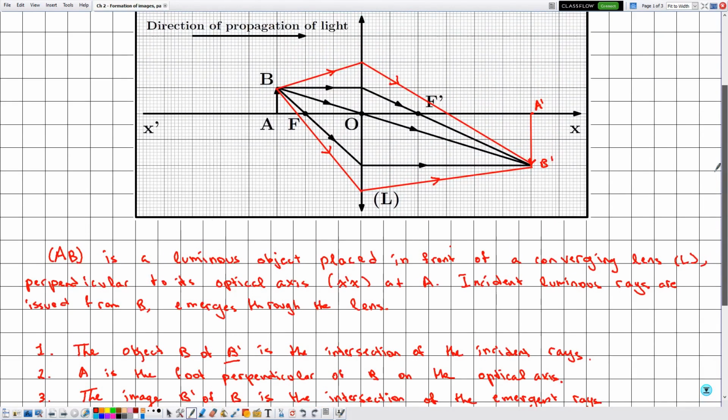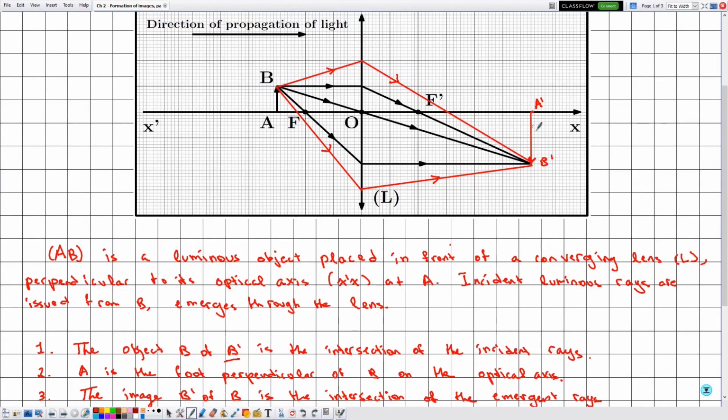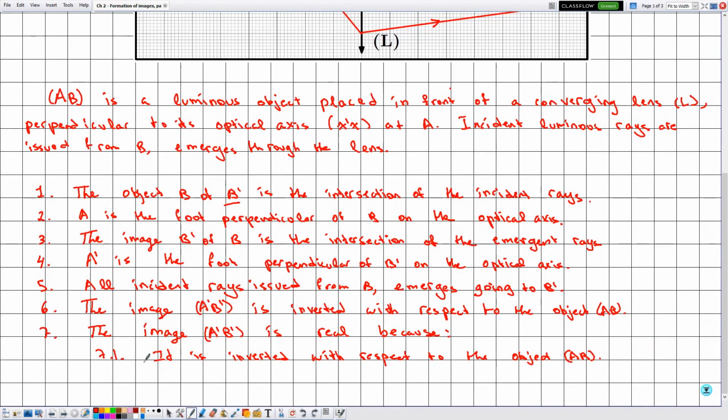So whenever the image is inverted with respect to the object, this means that the image is real.